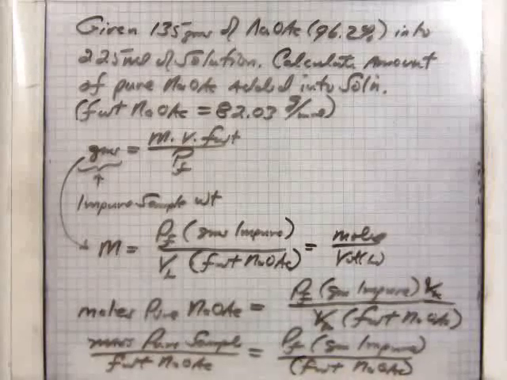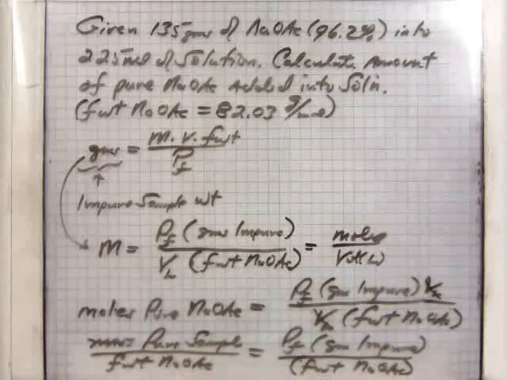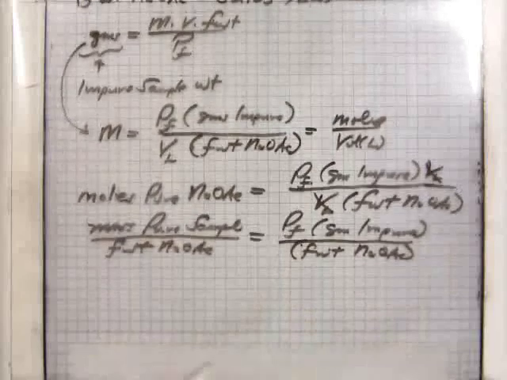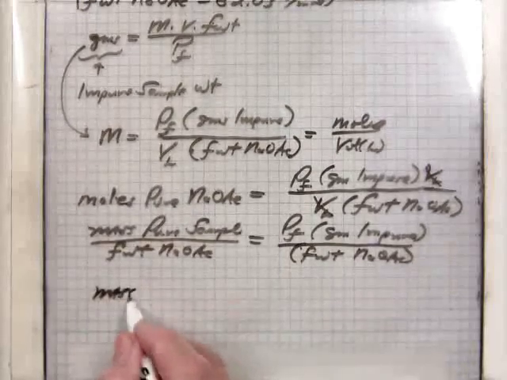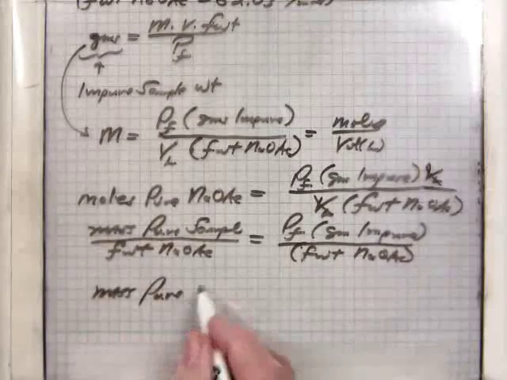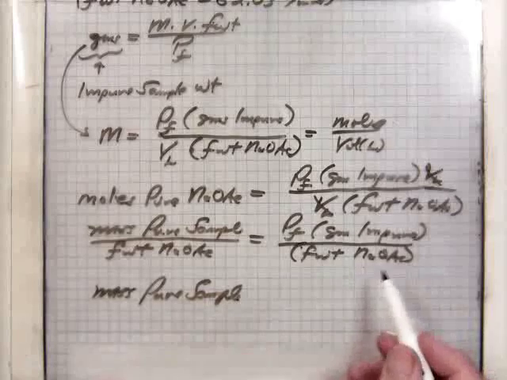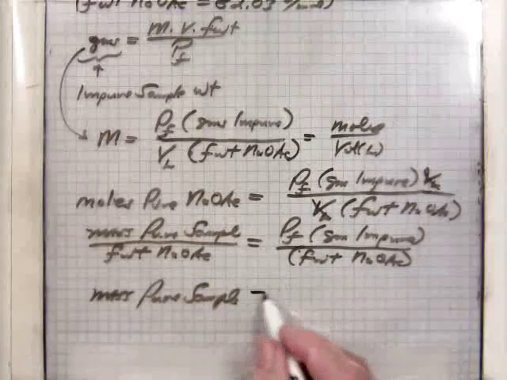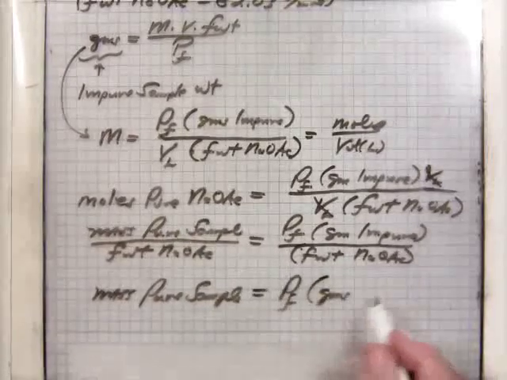Like that. So if we multiply both sides by the formula weight, it will drop out, and we'll have the mass of pure sample that you use to dissolve this, which will be the purity factor times the grams of impure sample.